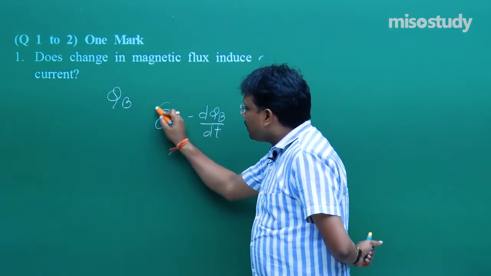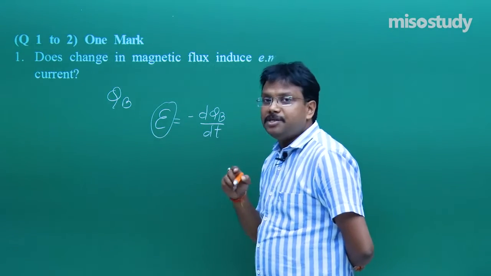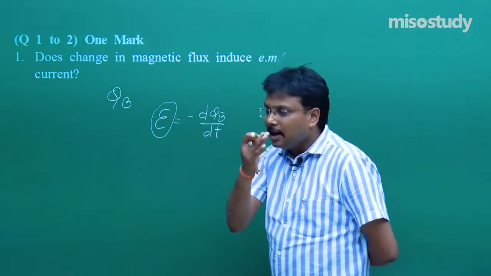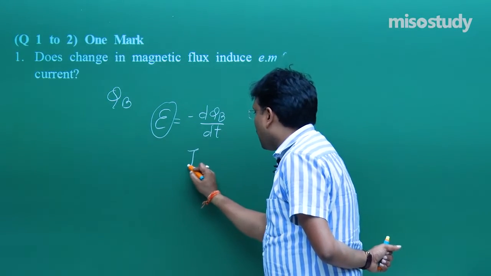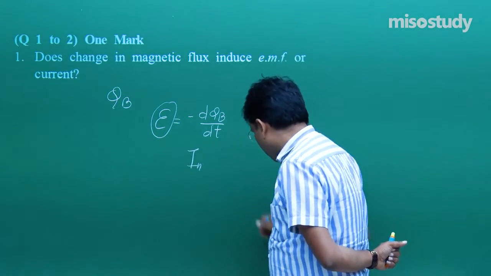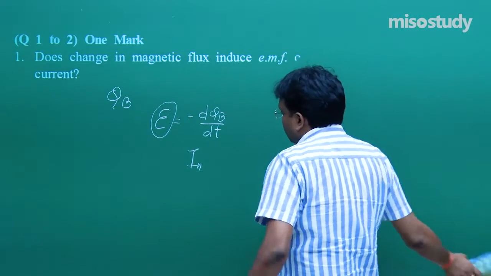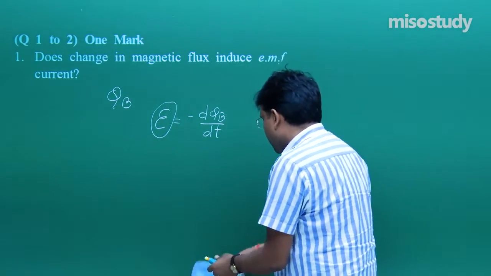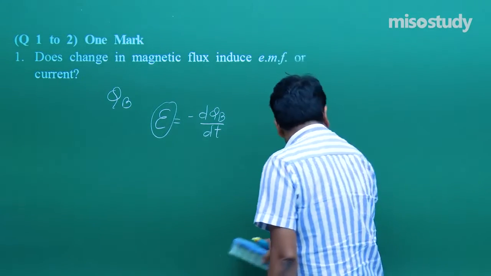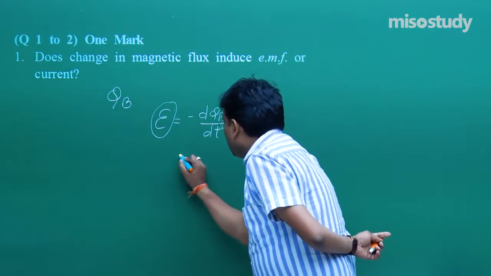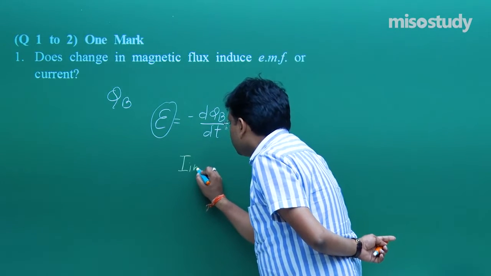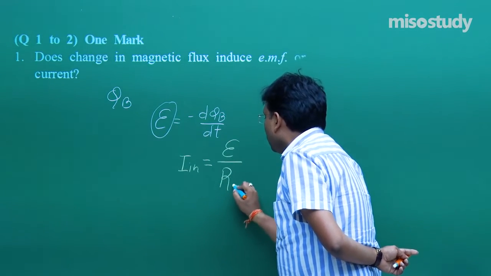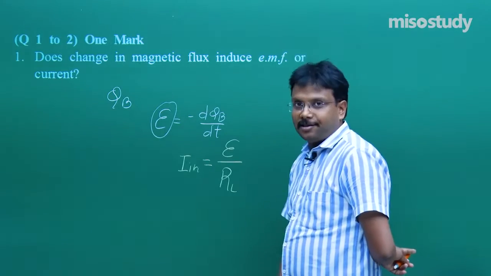So from here this induced EMF is coming first into picture, then induced current, I induced, is equal to this upon load resistance or resistance.